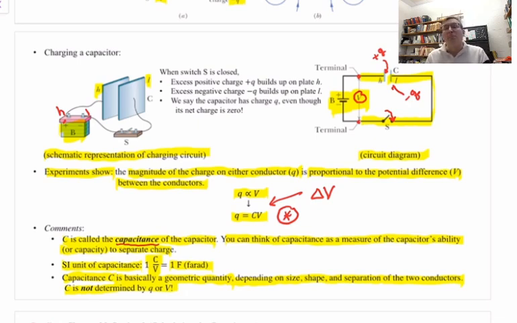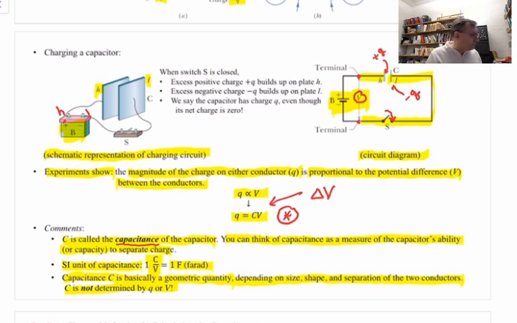However, for reasons we'll learn later in the chapter, and with some breakthroughs in an area called material science, it's now possible to make a capacitor with a capacitance as large as 1 farad. I'll show you one in the actual class.